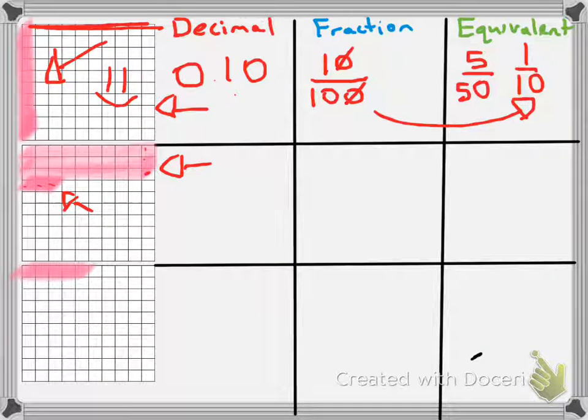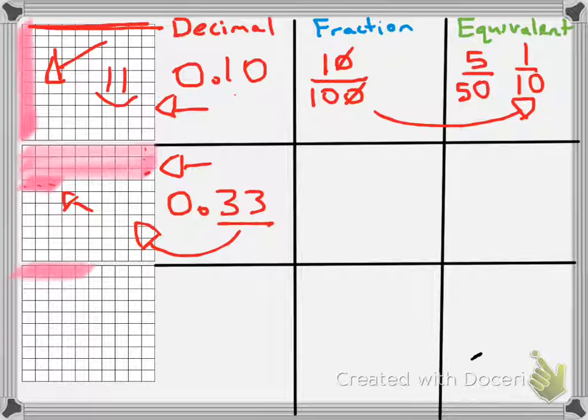That means that we have 33 squares. So our decimal value would be 0.33, because we have 33 squares out of 100 squares here that are shaded in. And that's how we get the decimal.